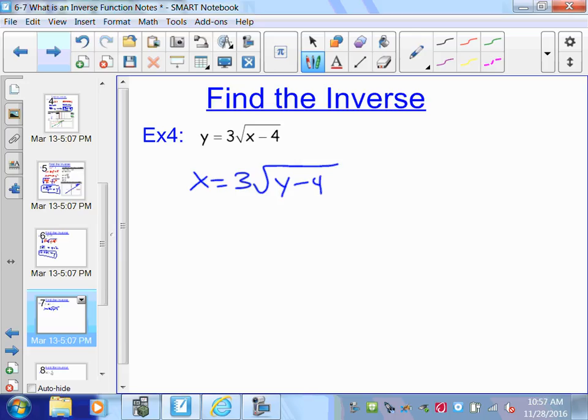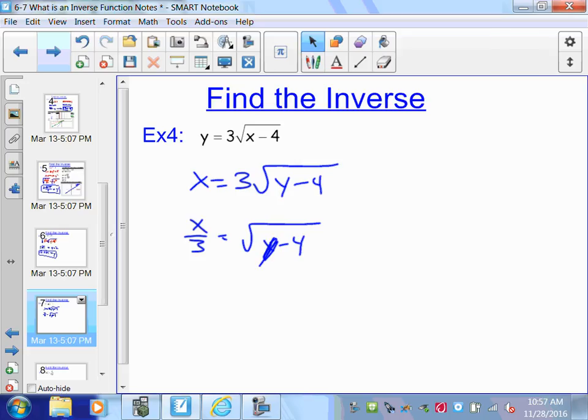You could square it, but might I suggest isolate that radical first, so that way you don't mess up. Okay. Here we go. So divide by 3. X over 3 is equal to root y minus 4. That's a y. Sorry. Then square it. We square both sides.